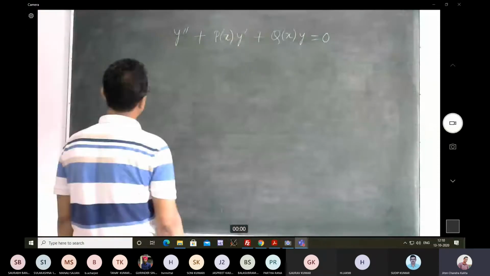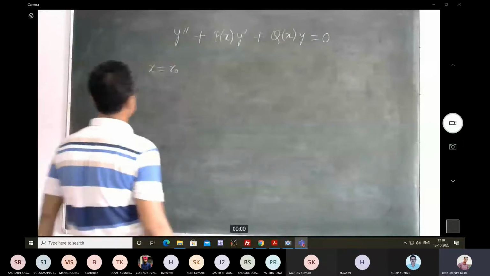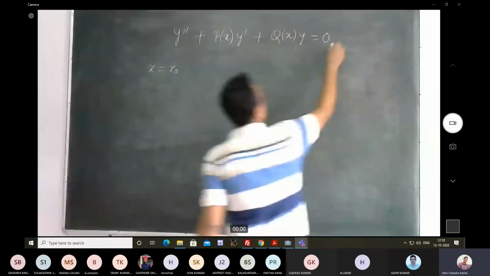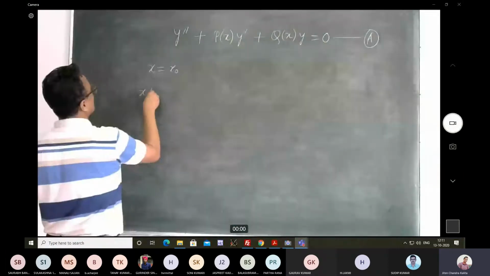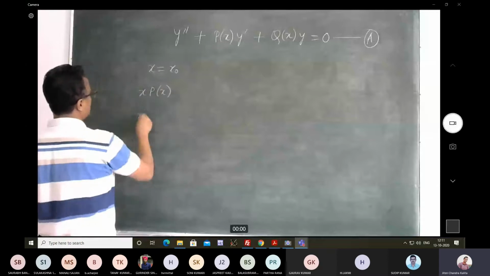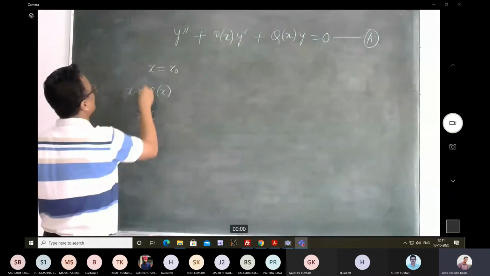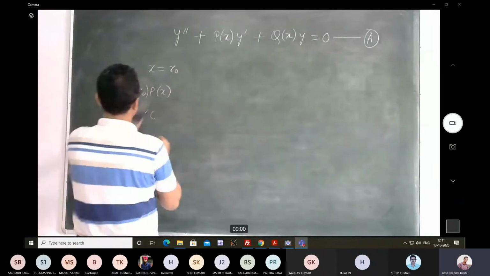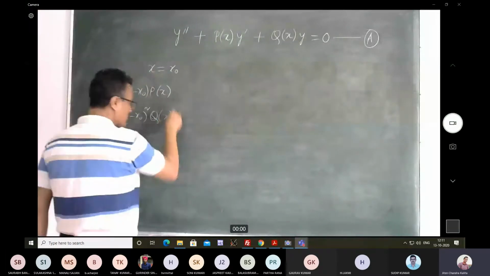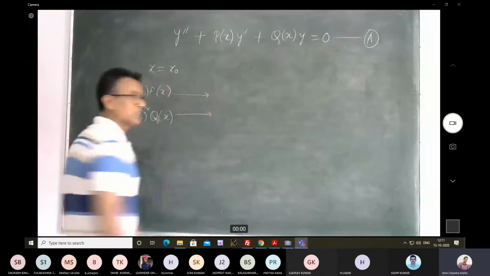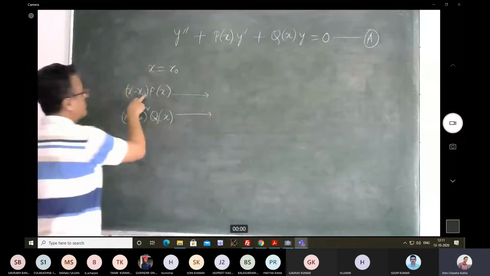And then I told you that x equal to x naught is called a regular singular point of this given differential equation if x minus x naught times p(x) and x minus x naught whole square times q(x) can be expressed as power series, of course convergent power series, about the point x equal to x naught.